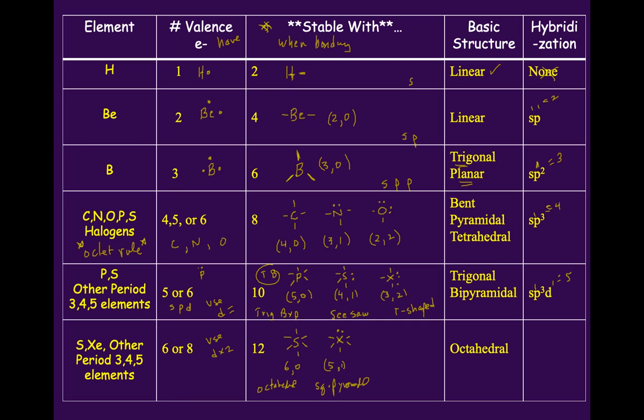And then you can also have elements that have 2 lone pairs and 4 bonds. So you can have a 4, 2, which would be called square planar. All right. And again, you would have sp3d2, 3 plus 1 plus 2 is 6 pairs.